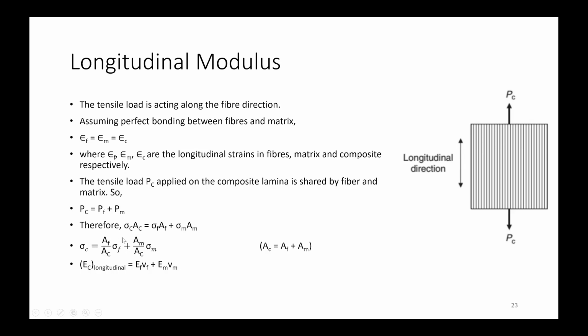We can take AC to this side, and AC will be equal to AF plus AM. Since the length will be equal, finally we get the elastic modulus equal to EF VF plus EM VM, where V is the fraction. This is known as the rule of mixture for composites.